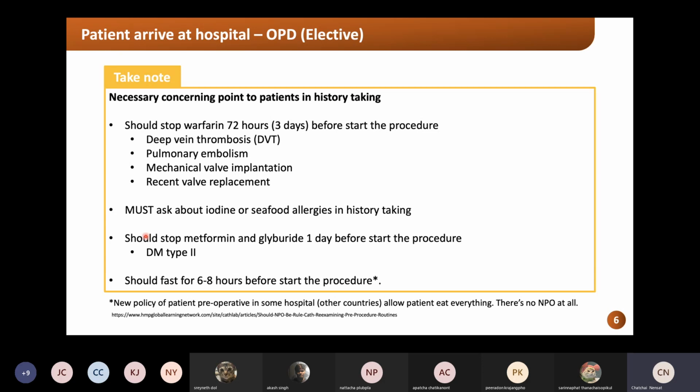And in some cases, if the DM patient has to do a CAG or PCI procedure in the cath lab, they normally take the metformin and glyburide, right? So in this case, there is no food or no energy in our body, like there is no glucose in our bloodstream, right?